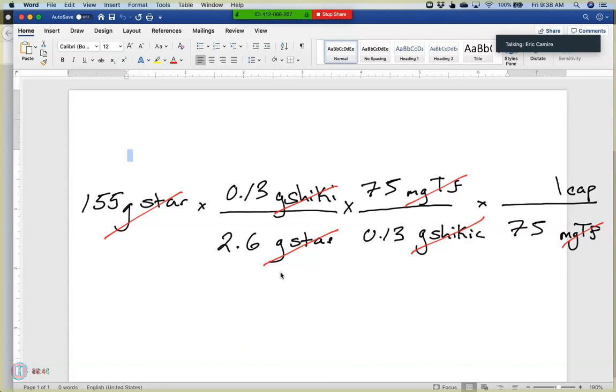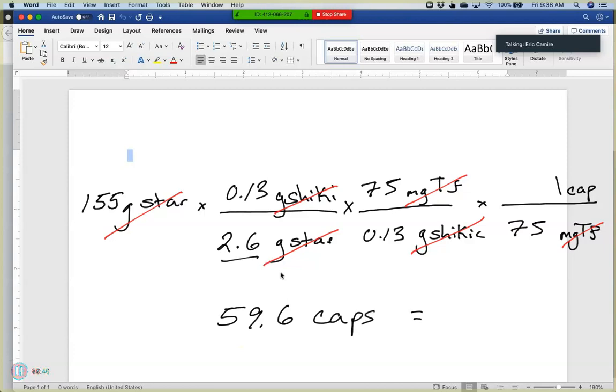All right, so let's go through real quick. We got a couple more minutes. Finish off the problem. So 155 times 0.13 times 75 times 1 divided by 2.6 divided by 0.13 divided by 75. 59.6 caps.